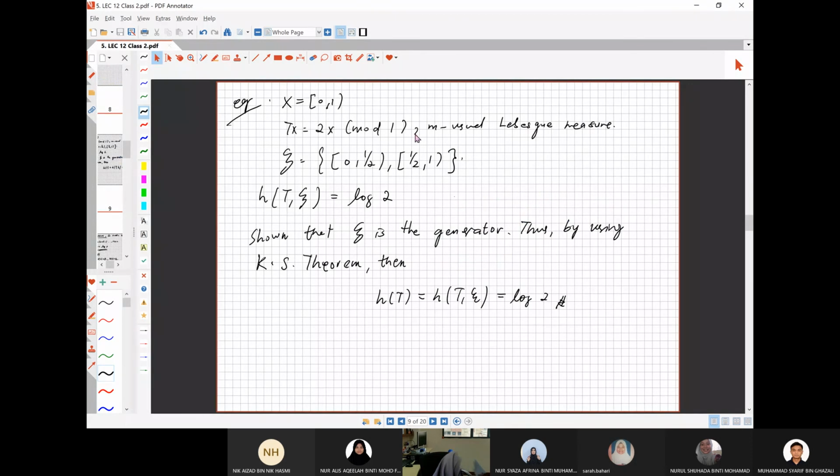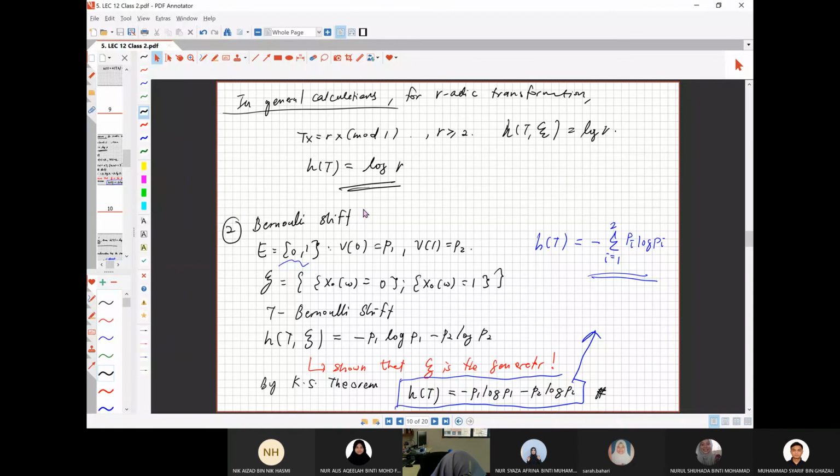We also considered the example of the diadic, where after taking the limit, we have the relative entropy is log 2. To find the entropy of T, we know that psi is the generator, so the entropy of the transformation is equal to the relative entropy.